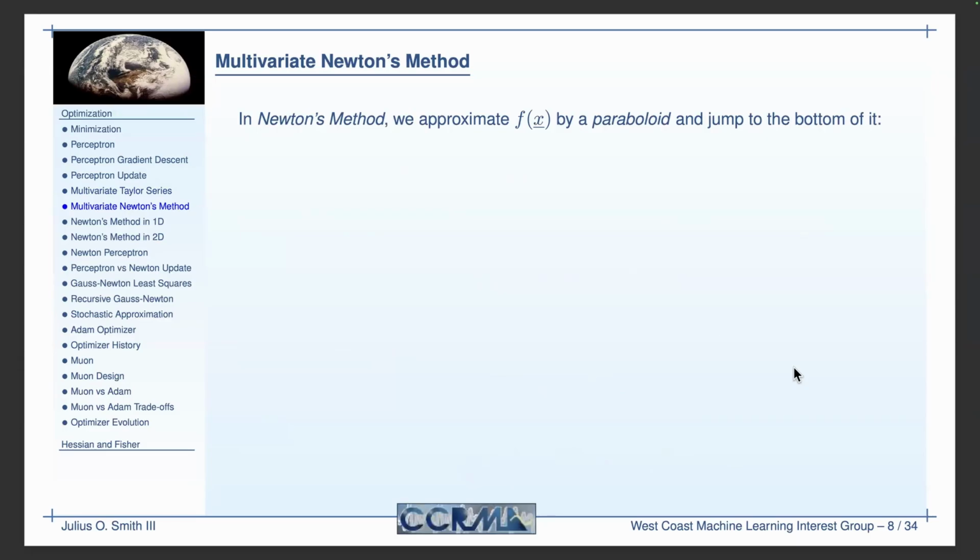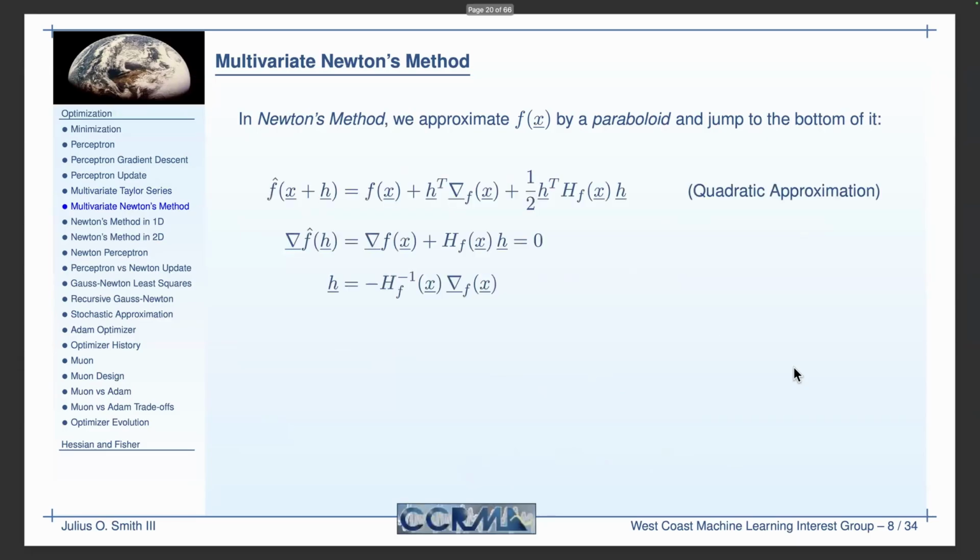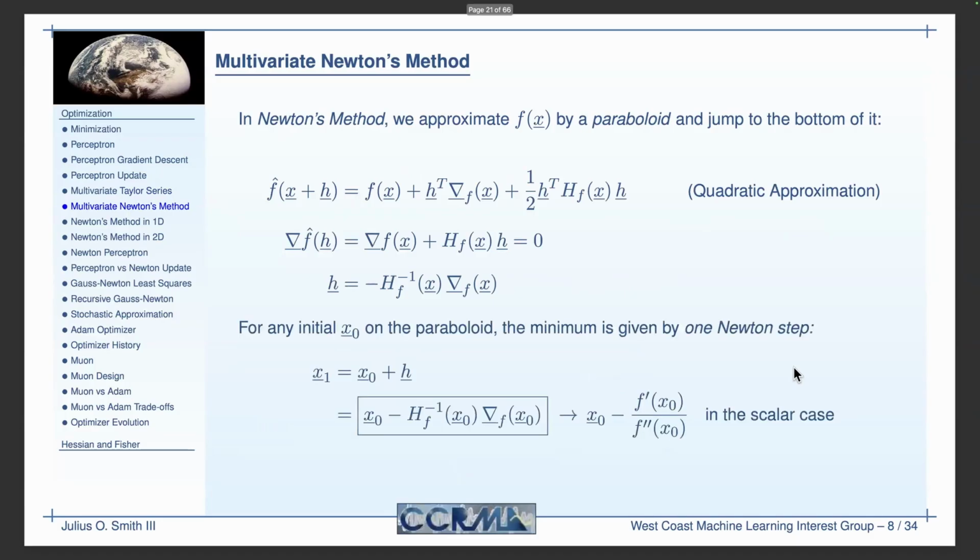Okay, so in Newton's method, we approximate f by a paraboloid, not a parabola, but a paraboloid, and we jump to the bottom of it. So it's really analogous. It's the same thing. And so what we had before was this, starting point minus derivative over second derivative at the starting point, and that gives us a new point that's hopefully the bottom of the bowl.